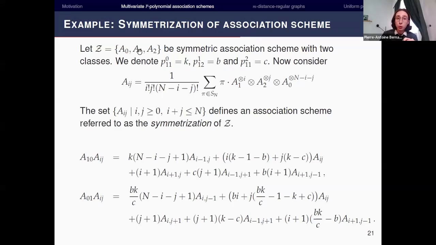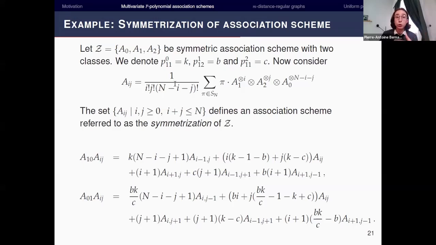And from these three matrices, A0, A1, and A2, you can construct a bunch of new matrices, the A_ij, and these will also form an association scheme. The way they are constructed is by taking a sum over all the possible permutations of a certain tensor product of A1, A2, and A0. So if you want A_ij, you take the tensor product of i times A1, j times A2, and n minus i minus j times A0.